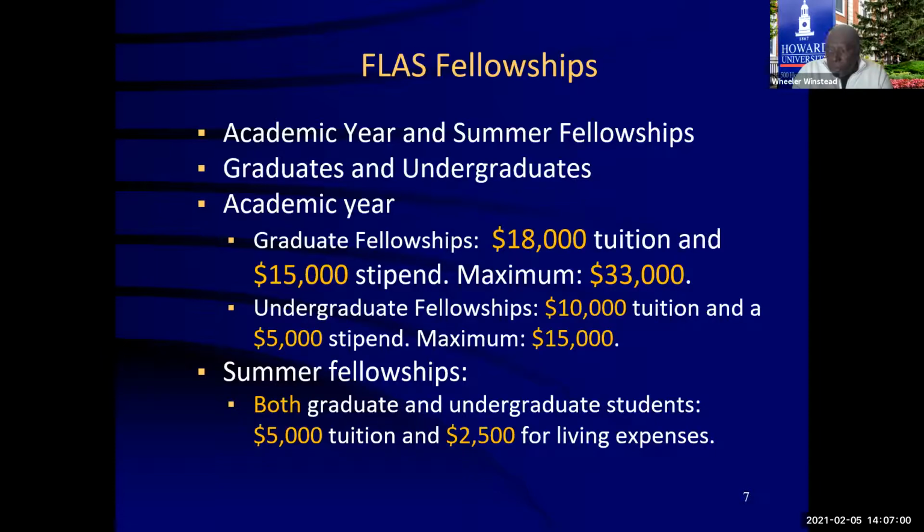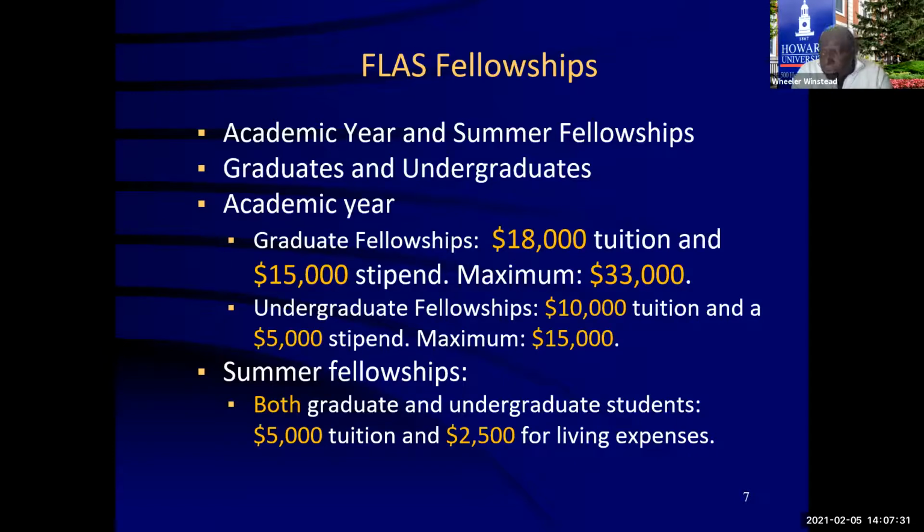That fellowship, both the tuition and the stipend, is divided into your fall and spring semester. So you don't get it all at one time. You get half of it during the fall and the other half during the spring. And the stipend also is not given at one time. It's given over a 4-month period, and about the same time each month.